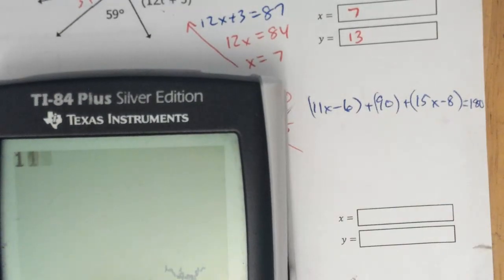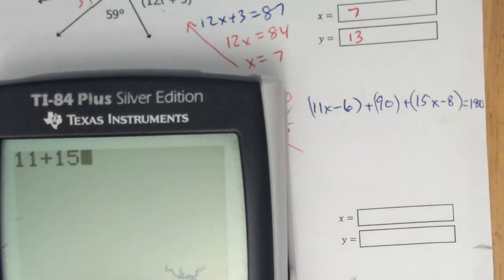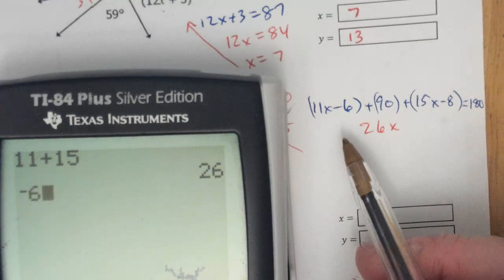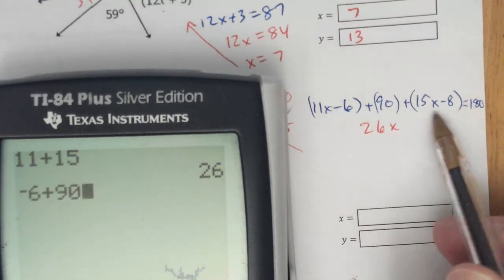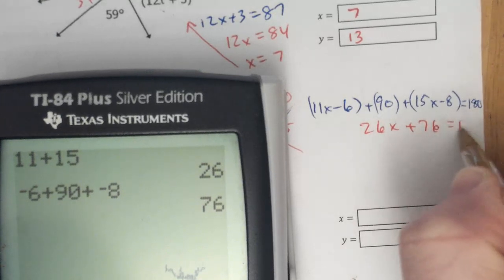All right, so we got 11, so that 11x plus nothing plus 15. We got 26x. We have this negative 6 plus 90, and then plus that negative 8. We got 76 is equal to 180.